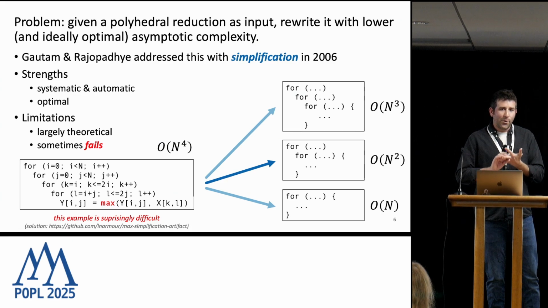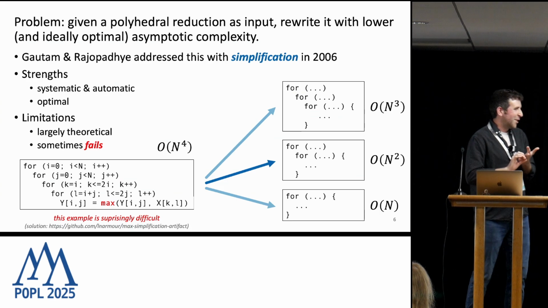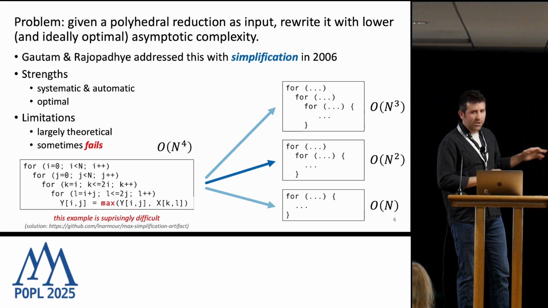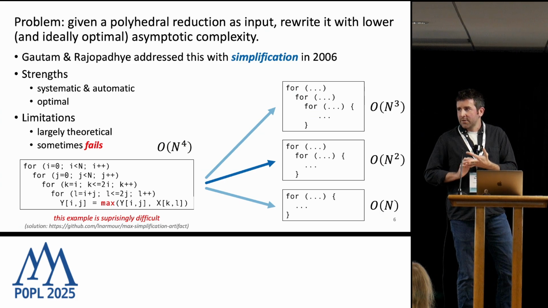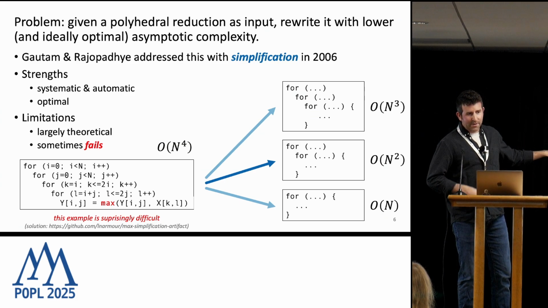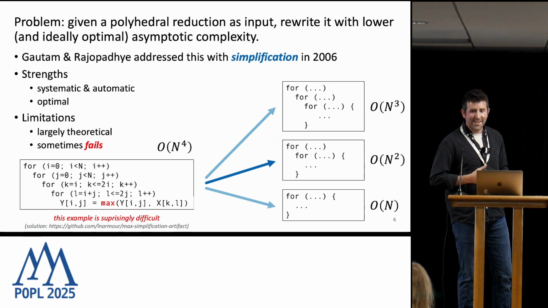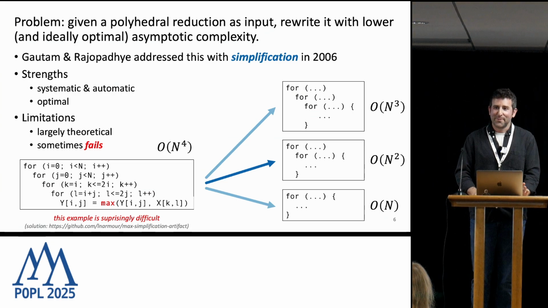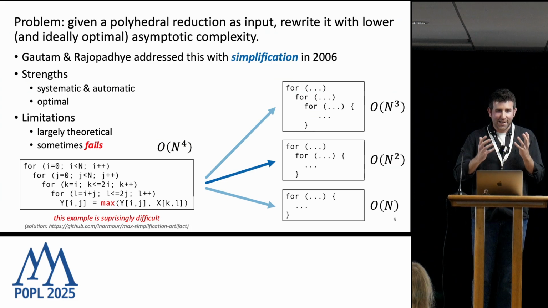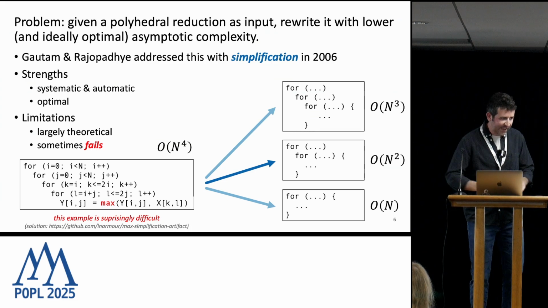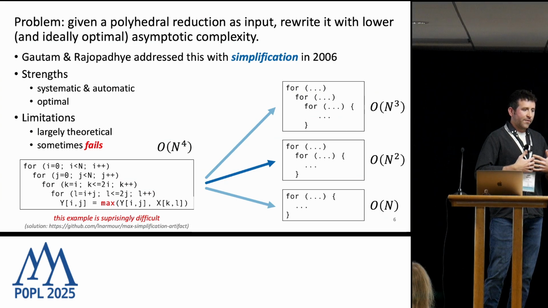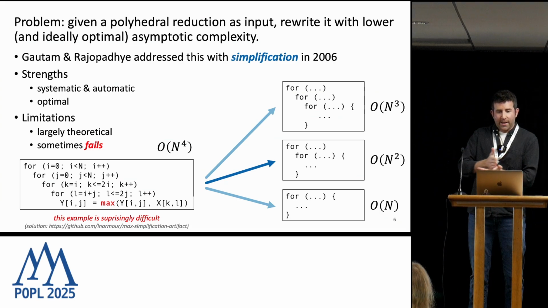If you want to appreciate the difficulty here, take these loops and write it in Python or C or something, and try to express the same computation with quadratic complexity. It's laughably difficult. We spent weeks just trying to show that you could do it. But everything that I'm talking about today gets us there in a systematic and automatic way.